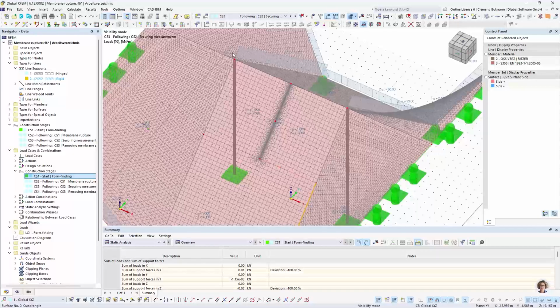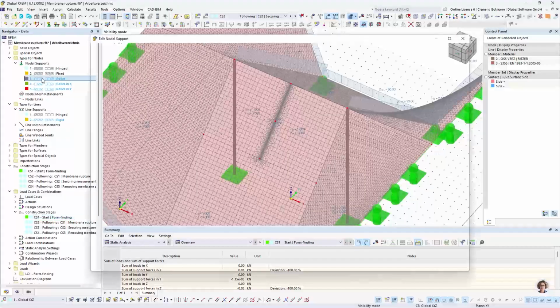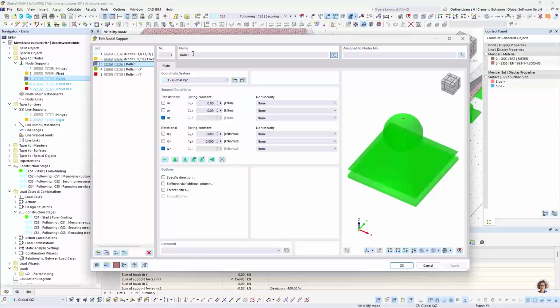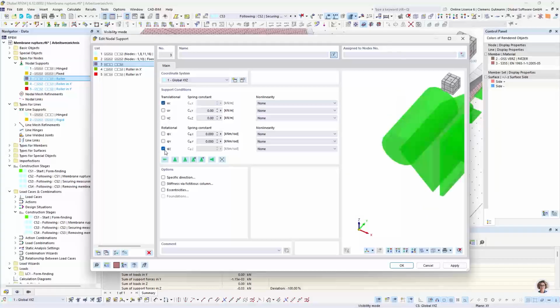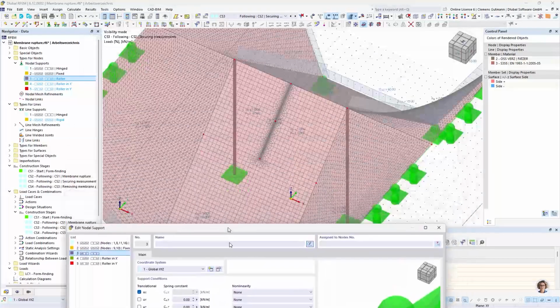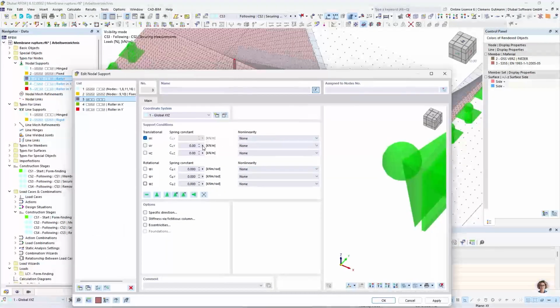And in our case, I'm going to use nodal supports for this. And I want to support the edges of this panel. So I'm going to create a new type of support, and I'm going to activate this for the global X direction.